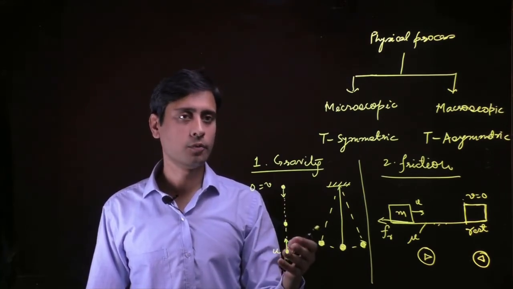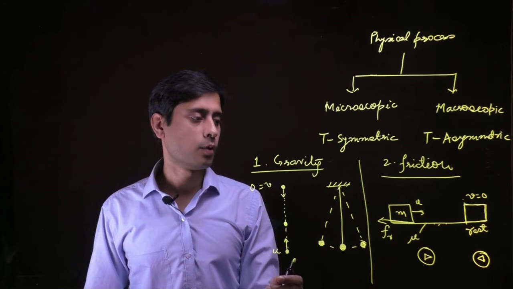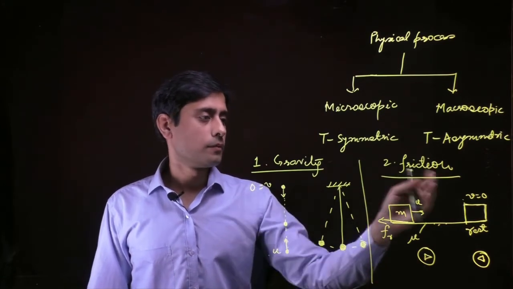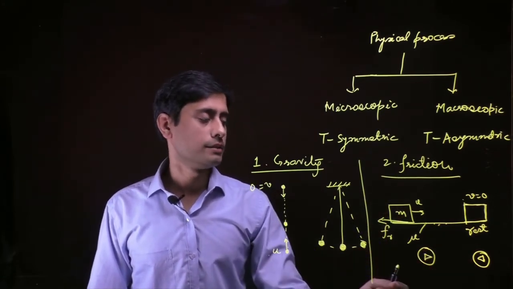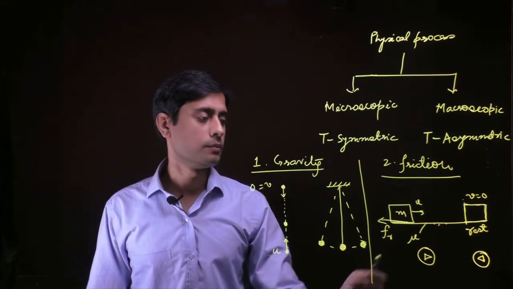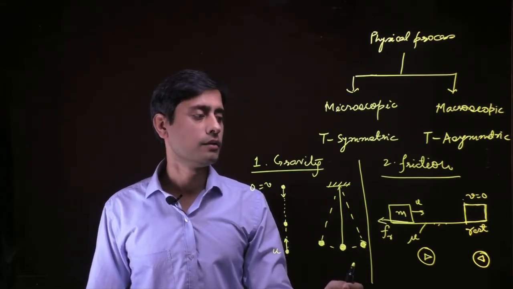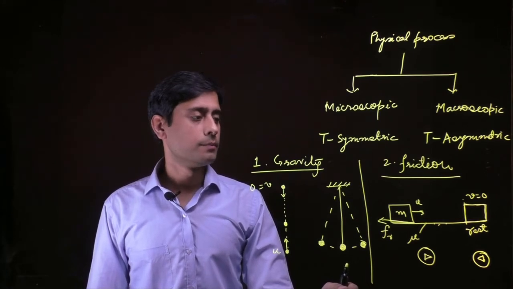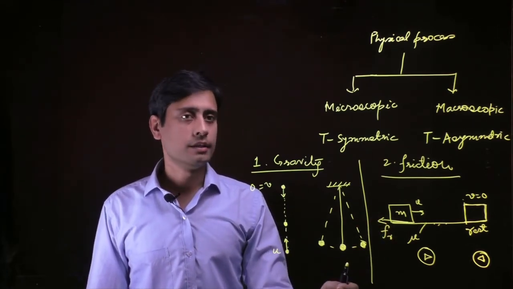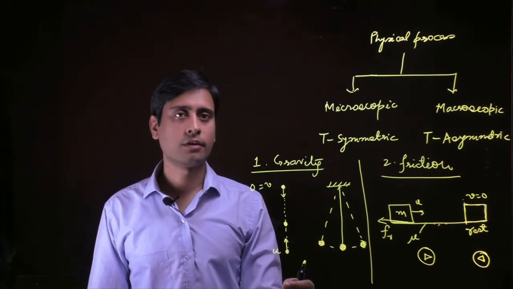Both seem to be a real phenomenon, but for the case of friction, when we play it in backward direction, it does not seem to be a real phenomenon. So we can say that the force of friction is asymmetric in time, but the force of gravity is symmetric in time.